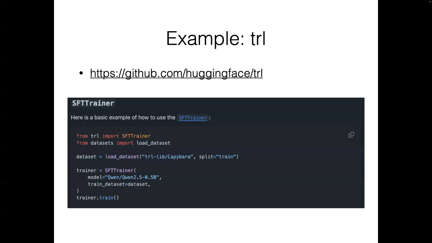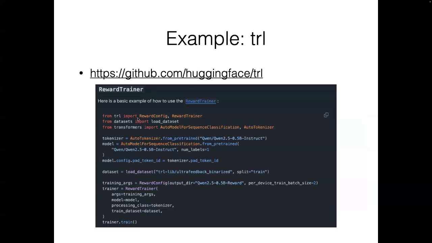And then here's some concrete examples of these different stages I mentioned. This is a library released by Hugging Face called TRL. Here they're doing this SFT stage. They load a data set and then they've abstracted it into this trainer. Here they're fine-tuning this Qwen model.